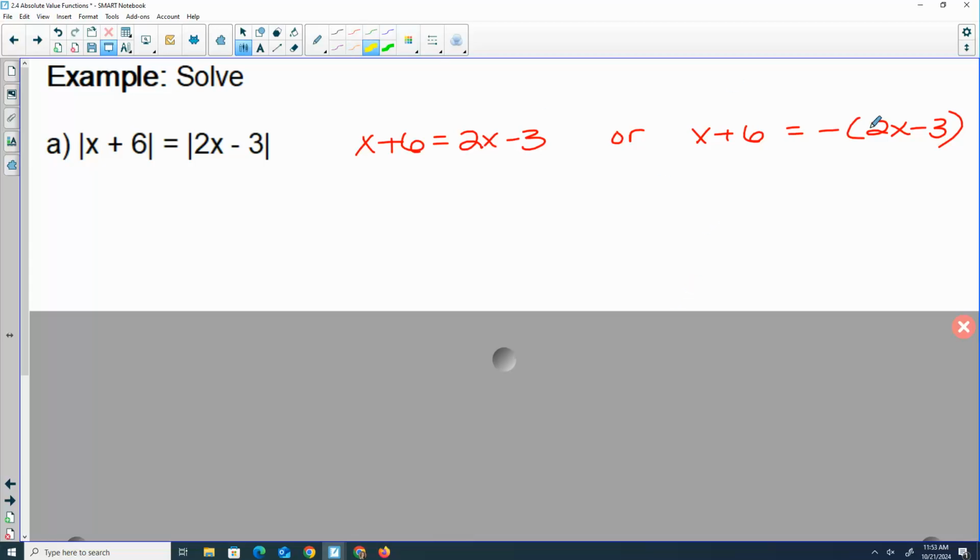Now you'll notice I put this negative out in front of my parentheses because when I do the opposite, you have to distribute that. We're going to make it a negative 2x and a positive 3. It would change both signs. So if it's more than one term, you have to take the negative to both.